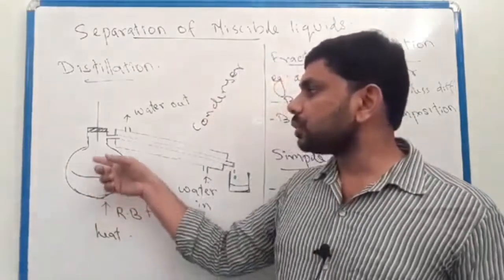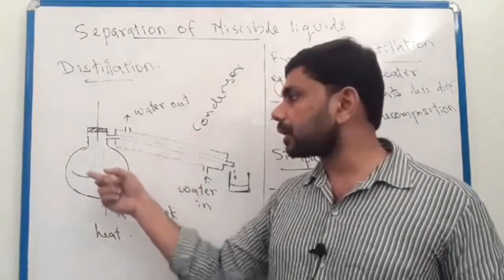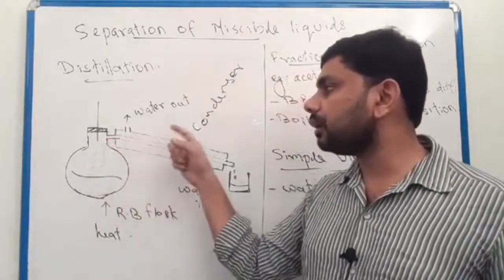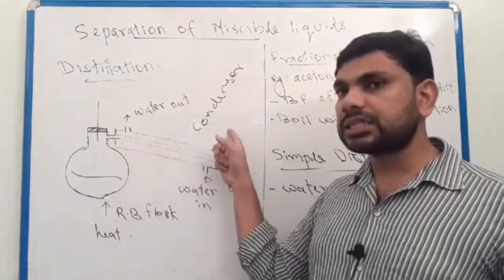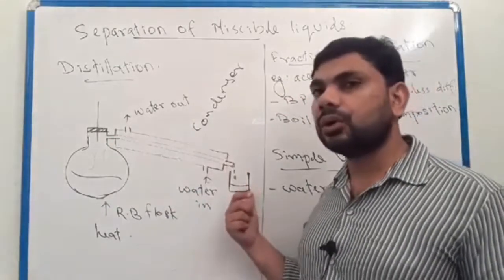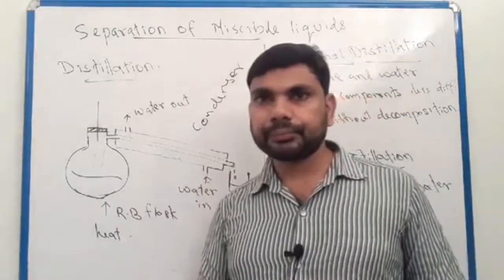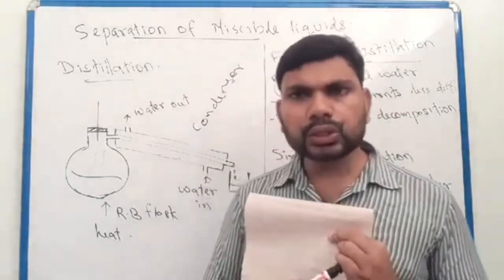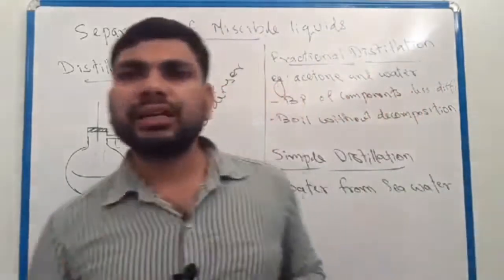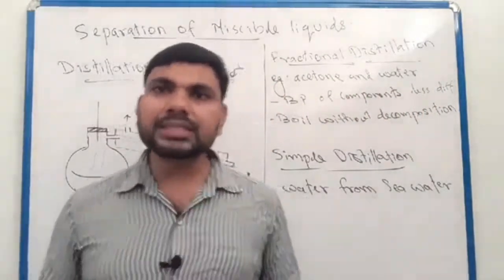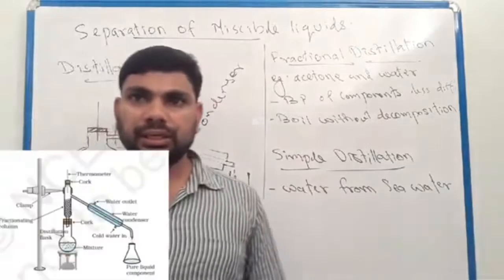So the alcohol changes to vapor, and this alcohol vapor will be condensed by the condenser, and we can collect alcohol over here. This method is called distillation. I also told you there are two different types of distillation, simple distillation and fractional distillation.